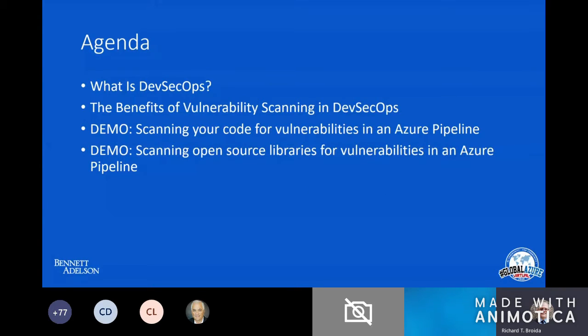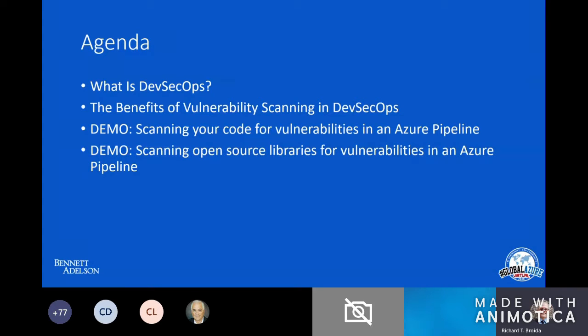Now, the subject today is I'm going to explain what the concept of DevSecOps is. I am a long-standing advocate of the DevOps idea and the use of Azure DevOps Service to achieve that in your particular organization. DevSecOps simply means adding awareness of security to that.